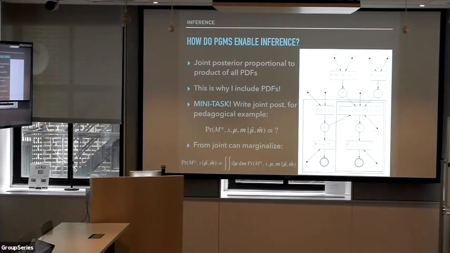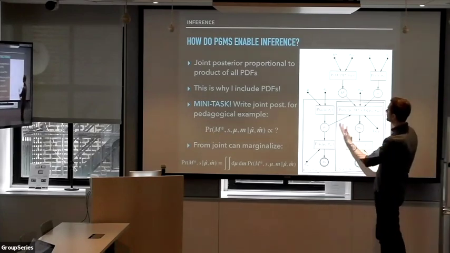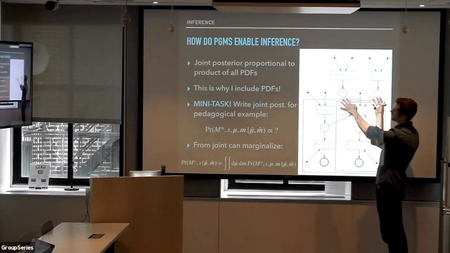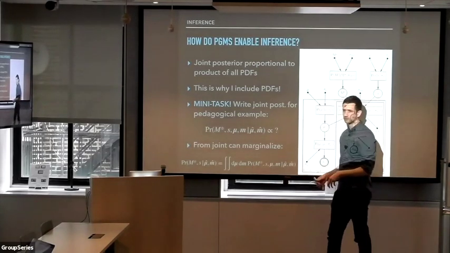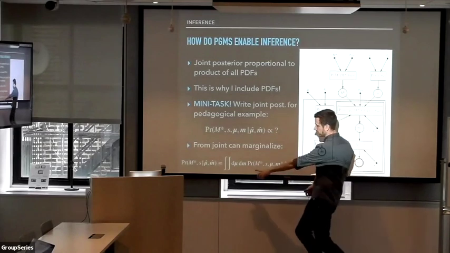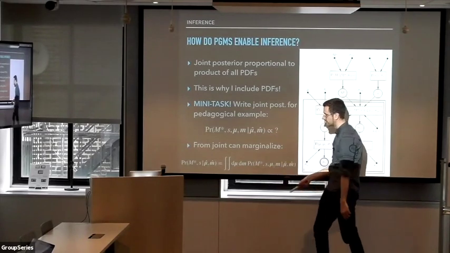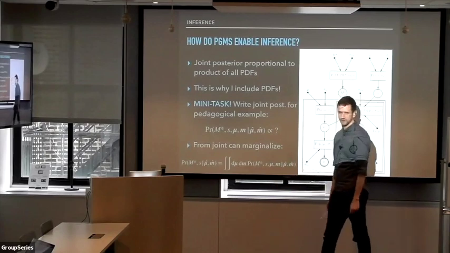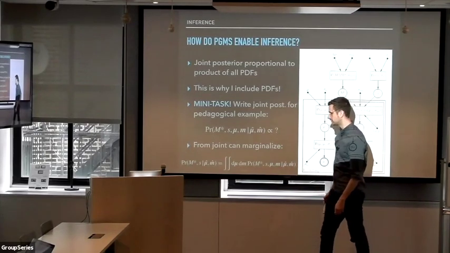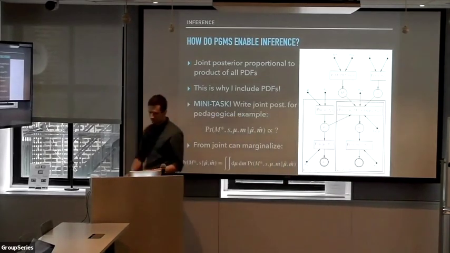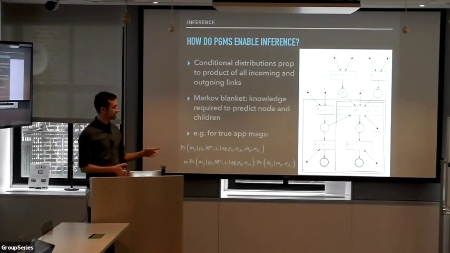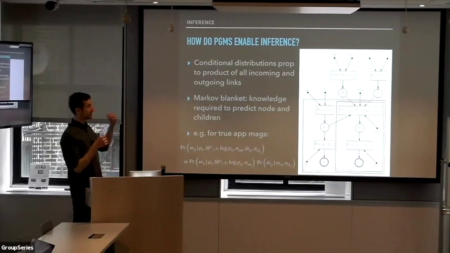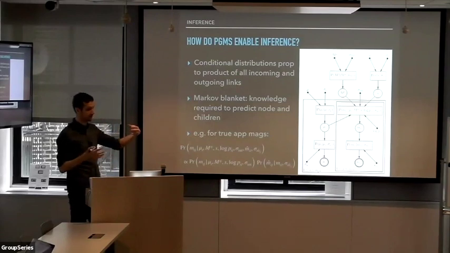And the reason that's useful is because if you want in the end just to know the parameters of your Cepheid period luminosity relation, then all you need to do is a marginalization, right? You marginalize over the parameters that you don't care about, which might be the true distances and the true apparent magnitudes. And we'll come back to that later. It also allows you to write down all the conditional distributions.